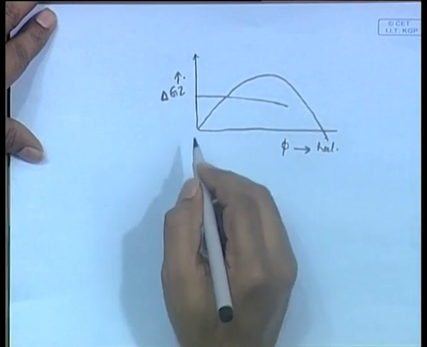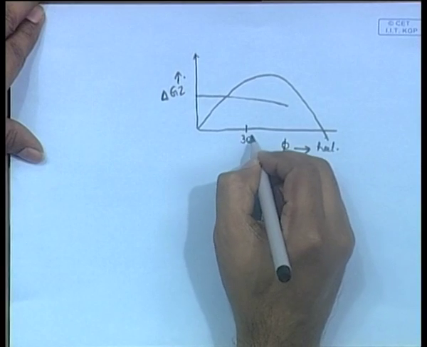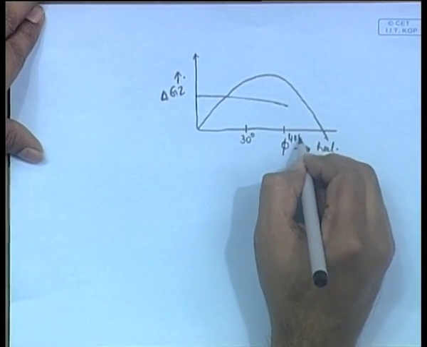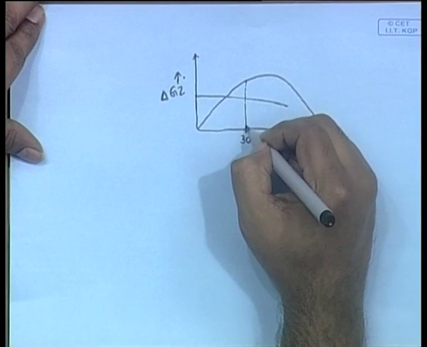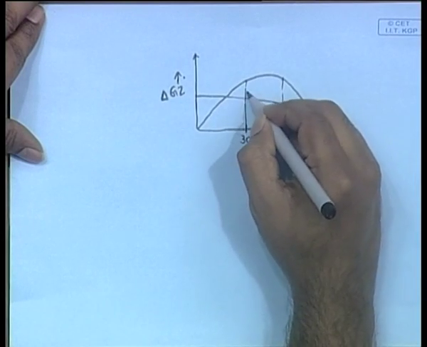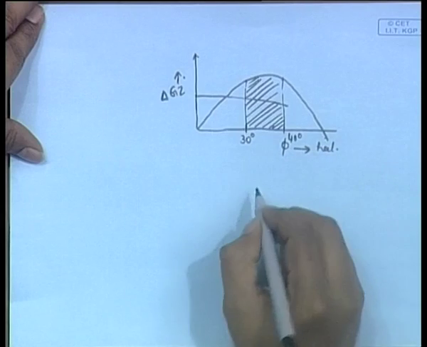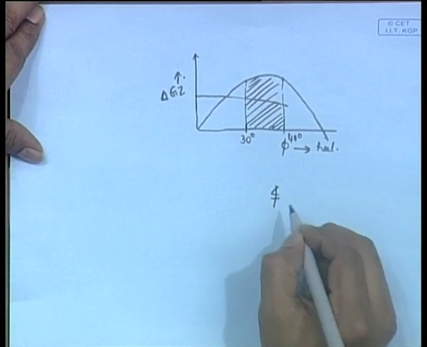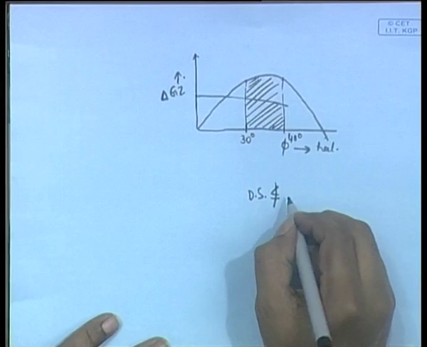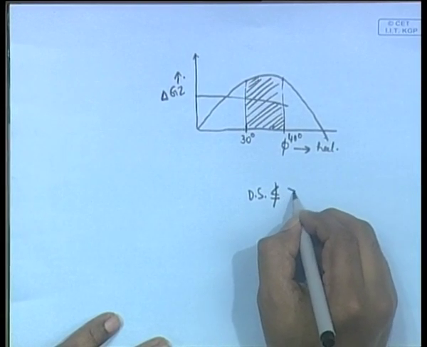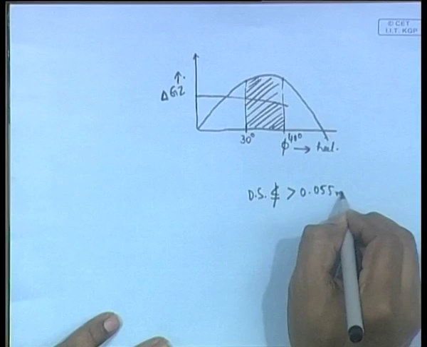Now, the first rule of passenger ship says that between 30 degrees and 40 degrees, the area under the righting arm curve should not be less than, it is called dynamic stability, 0.055 meter radians.